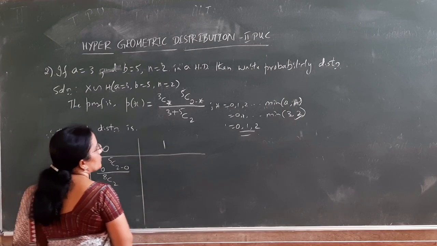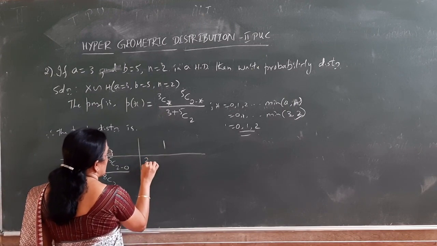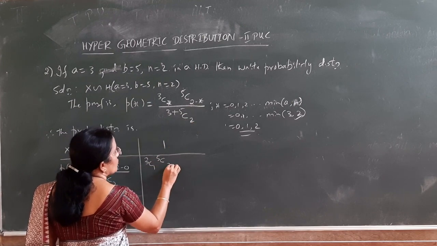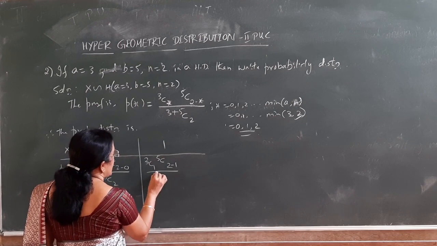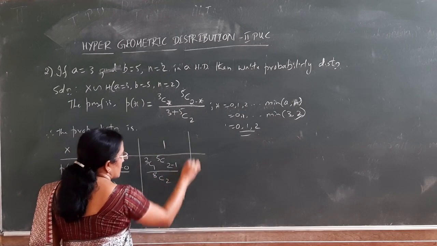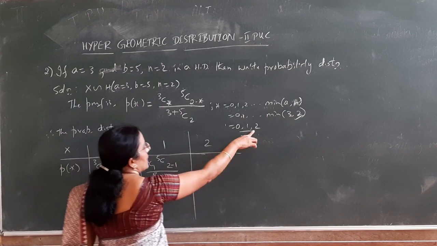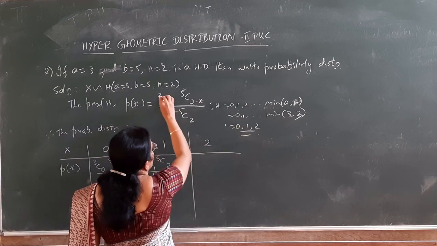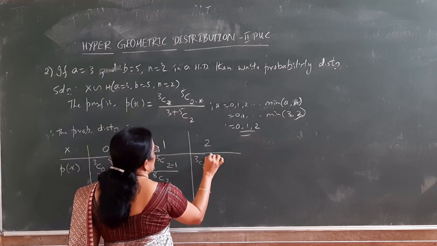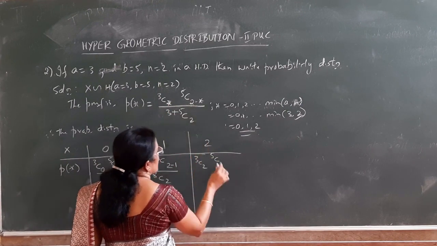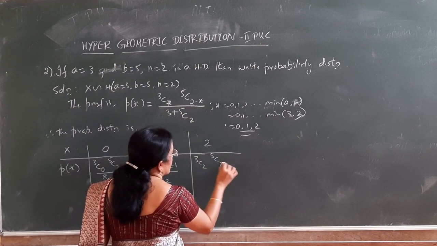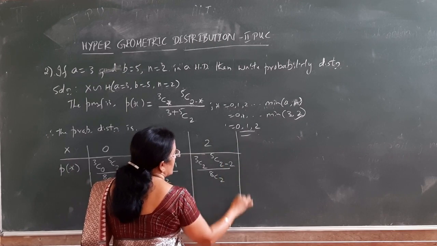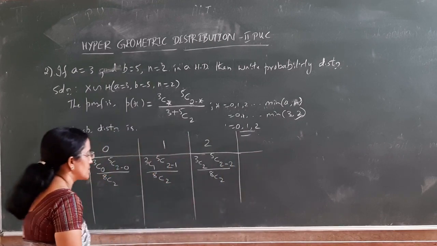Next put x is equal to 1 in this probability mass function: 3C1, 5C(2 minus 1), 8C2. Next, one more value of x, 0, 1 finished. Next is remaining 2: 3C2, 5C(2 minus 2), divided by 8C2. You can observe denominator is common always, same denominator.